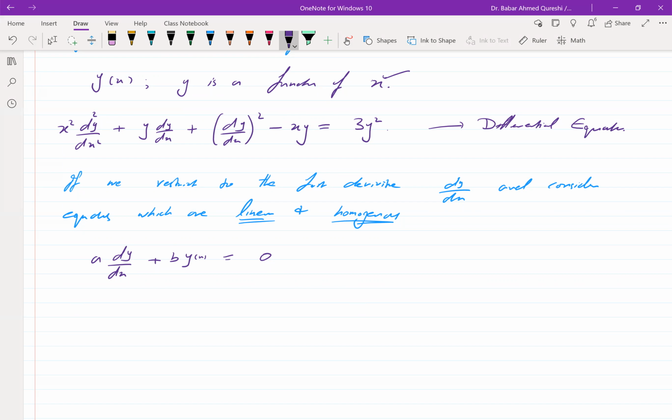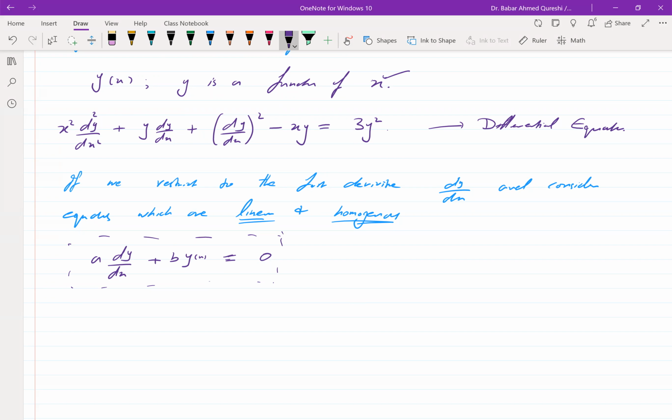I make a linear combination of these two things, and I don't even have a constant on the other side because I'm considering extremely simple equations. It's not only linear, it's linear and homogeneous: just a 0 on the other side. So I'll try to solve these equations.